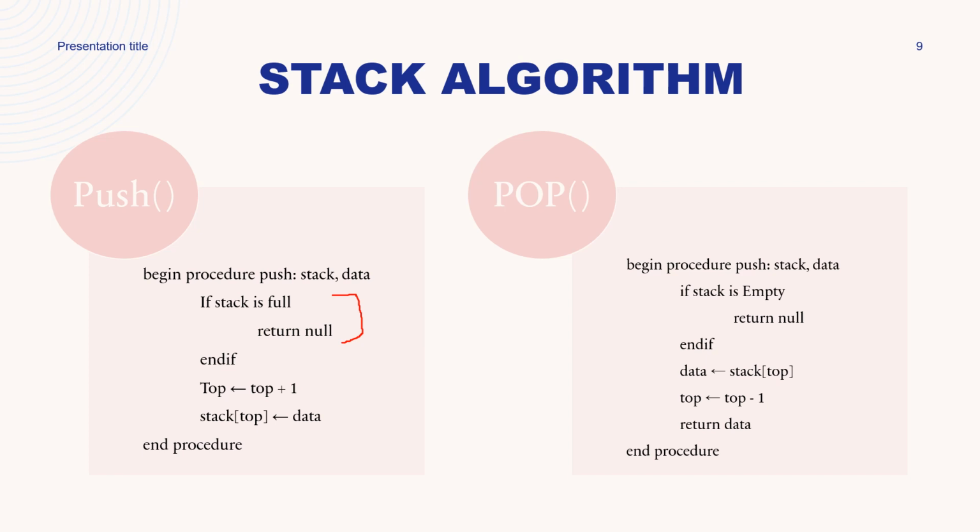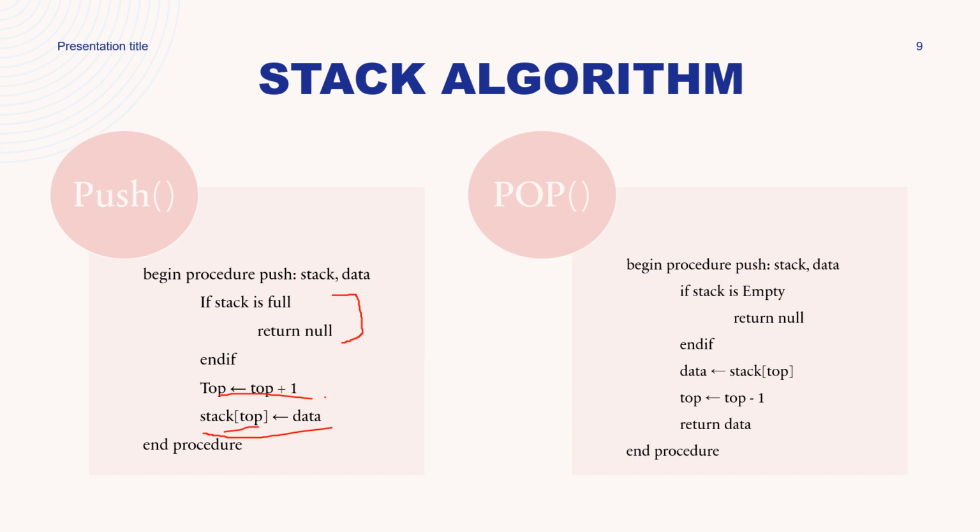If it is not full, then we can push our items to that stack. Before inserting the element, we first increment the top pointer by 1, as I told you. Okay, so after incrementing the top pointer, we can add our data to the stack at top.